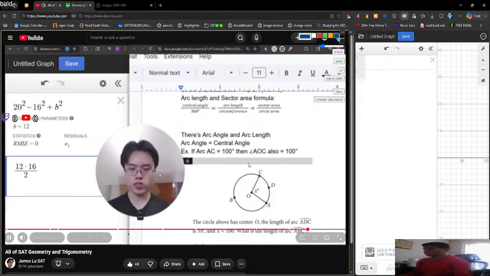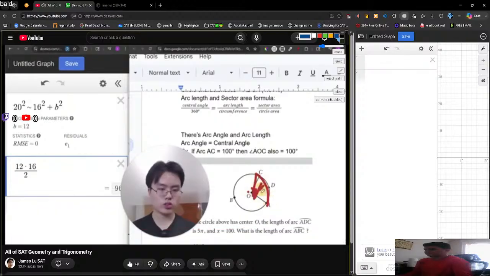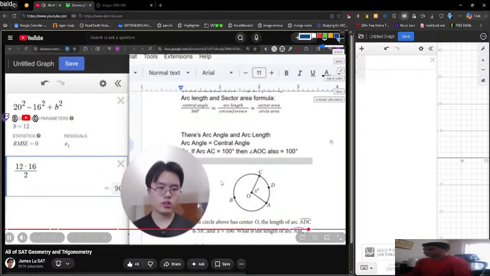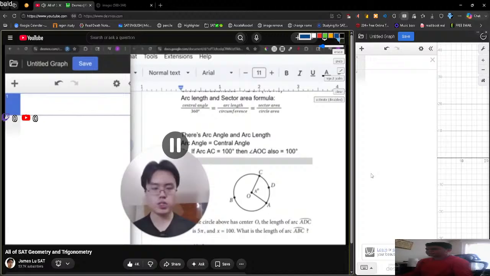Draw them out and you should be able to tell. It's the angle over the entire circle angle, the length of the arc over the entire circumference, and the area of that portion over the entire area of the circle. All of those are the same within the same pizza slice, proportionally to the entire circle. I'm going deep because I want you to understand it, so you don't have to waste brain power memorizing it. I think it's much easier.